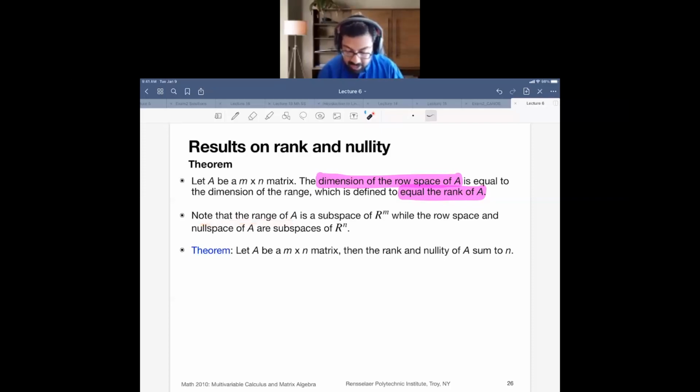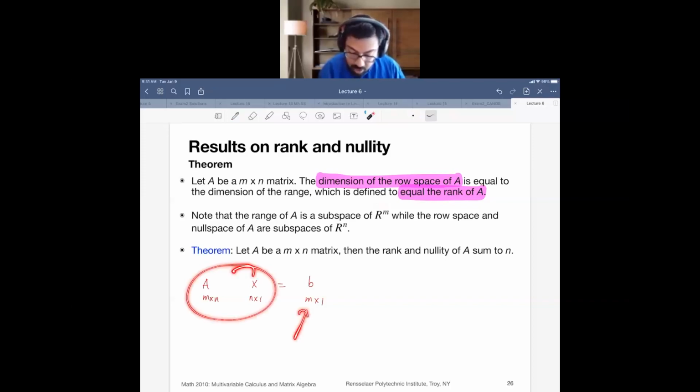Note that the range of A is going to be in a subspace of R^M, right? Suppose you have A as M by N, and X is N by 1, and you get B, which is M by 1. So the range is going to be AX.